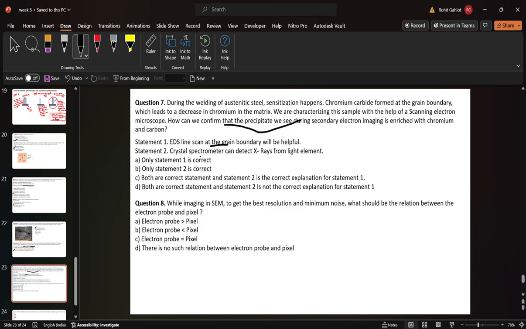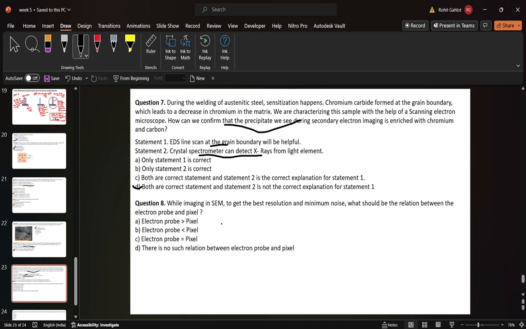Second one is that the crystal spectrometer can detect X-rays from the light element. So EDS line scan will tell you the chromium; you can do a point analysis also, and mapping also. However, the crystal spectrometer is used in WDS. So only option 1 is the correct answer.